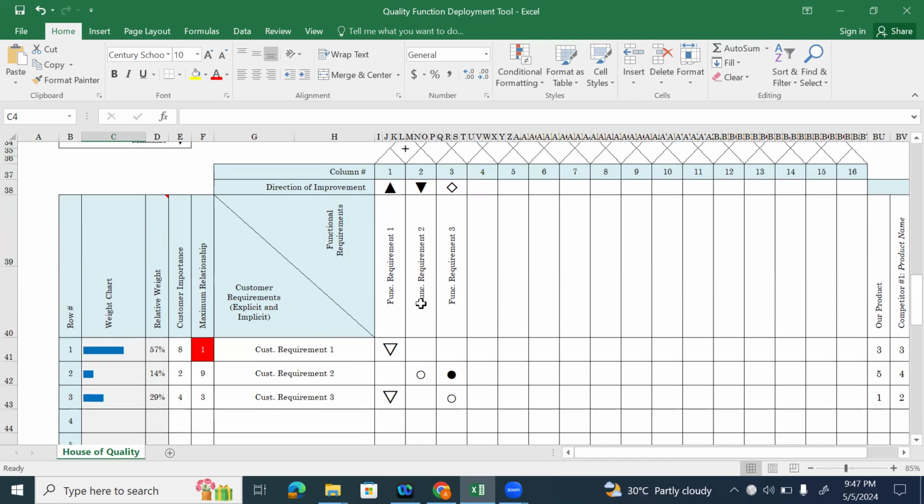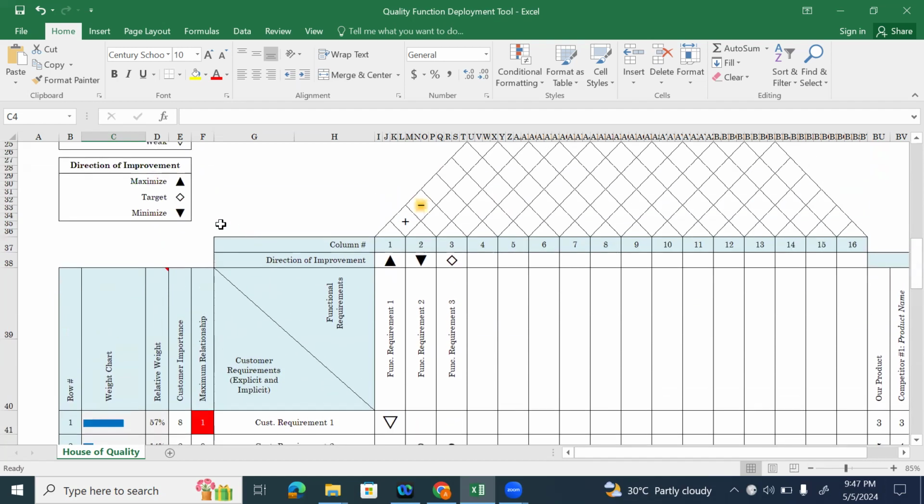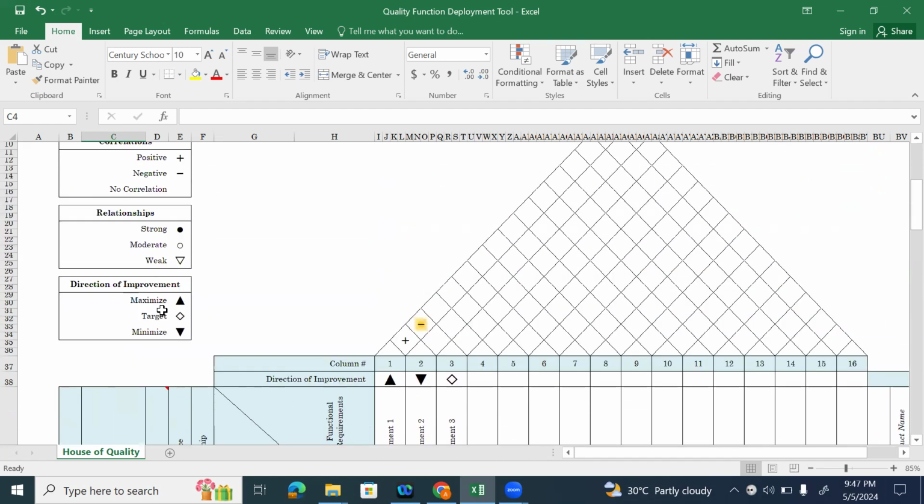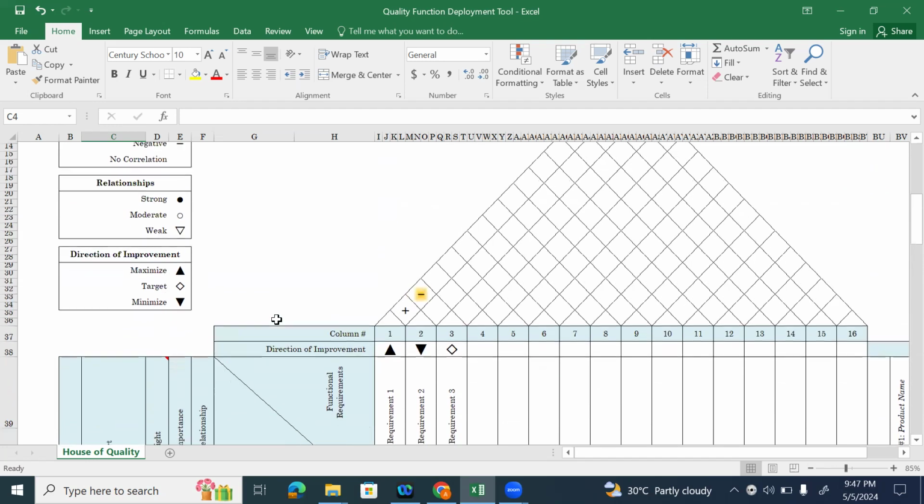And when we are comparing, we have scope for either maximizing the improvement or minimizing the improvement or to achieve the target.